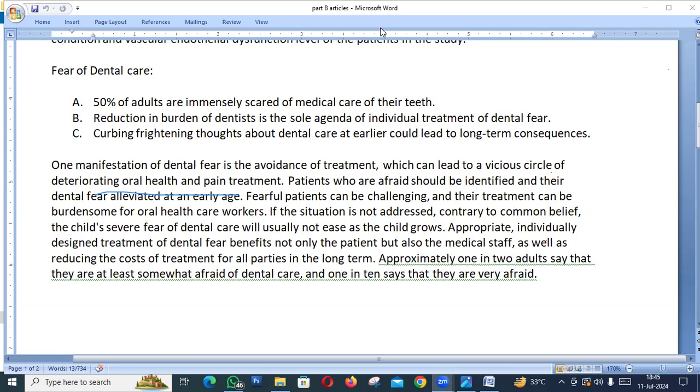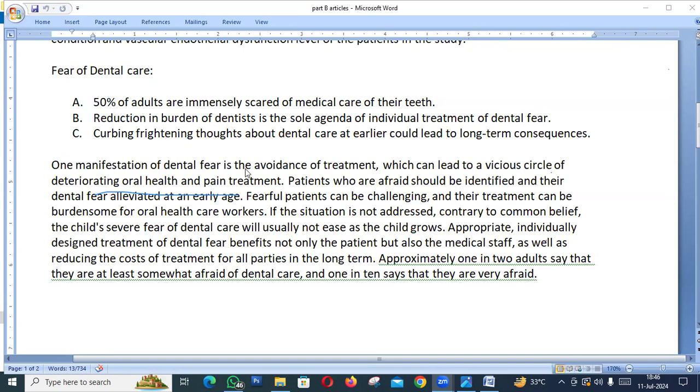Sir, here is the mention, like first line, one manifestation of dental fear is the avoidance of treatment, which can lead to a vicious cycle of deteriorating oral health and pain. Due to fear, it can lead to further damage and long-term consequences. You are justifying why C is correct. I want to ask you why A is wrong for you.